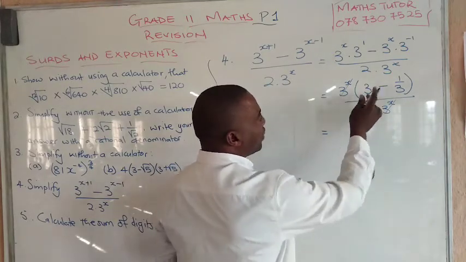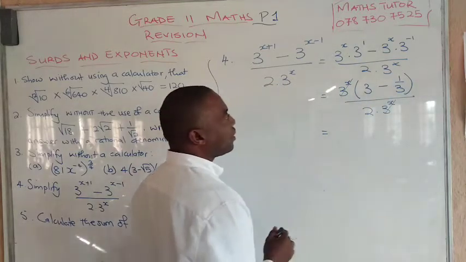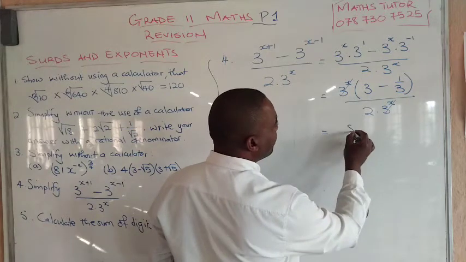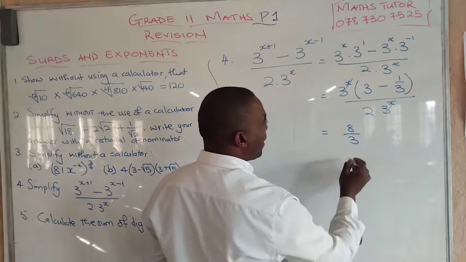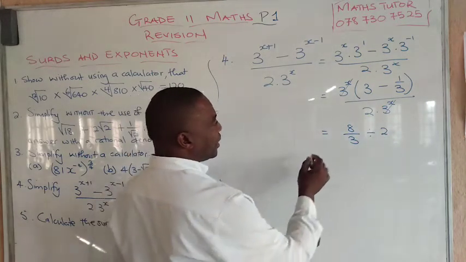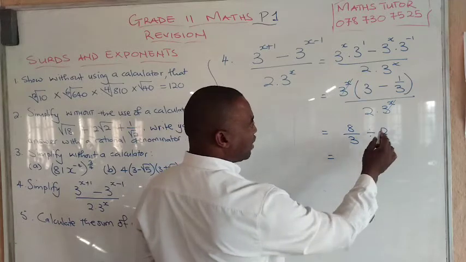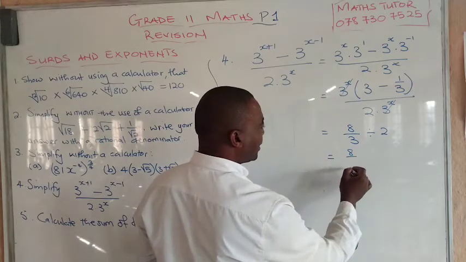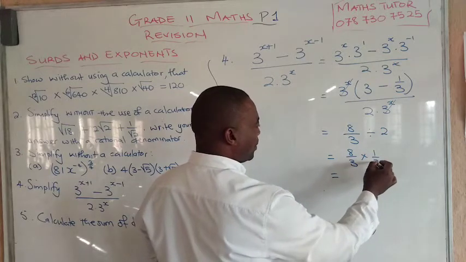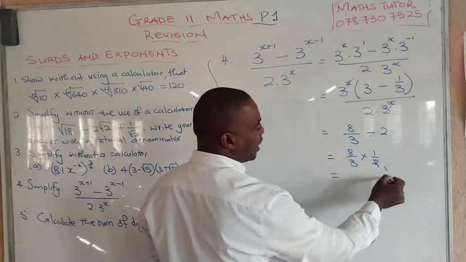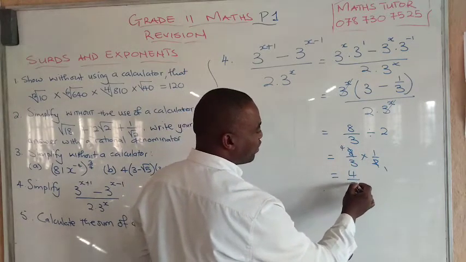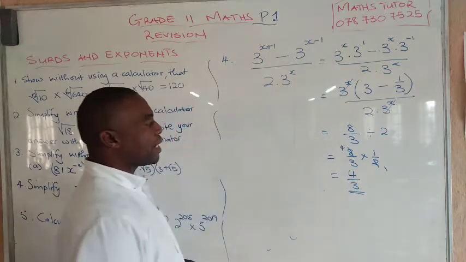So we'll remain with 3 minus 1 over 3, which will give us 8 over 3. And we are dividing this by 2. Dividing by 2 is the same as multiplying by 1 over 2. So this will enable us to simplify by dividing by 2. 8 by 2 is 4, that will give us 4 over 3 as our answer.